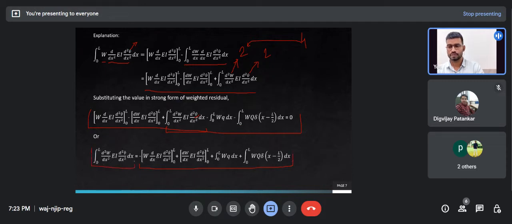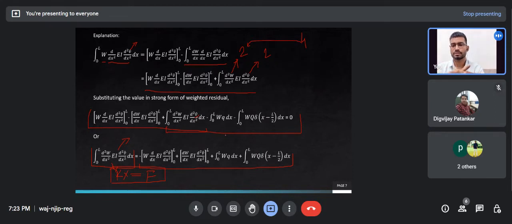Later on you will see these terms give us, in a general fashion, we can write kx is equal to f. So these terms will give you the stiffness matrix, right? So this is how we write the weak formulations, right?